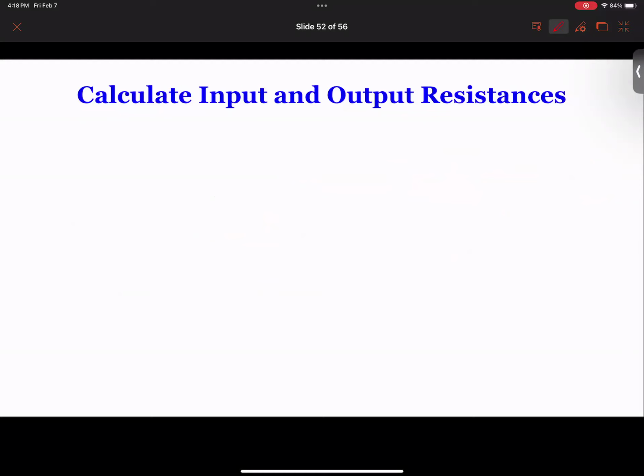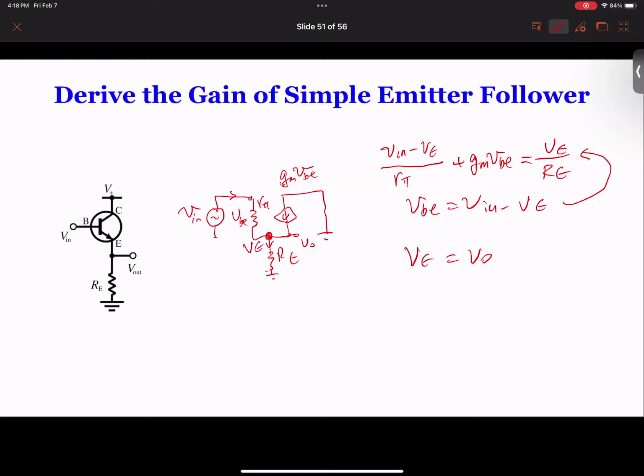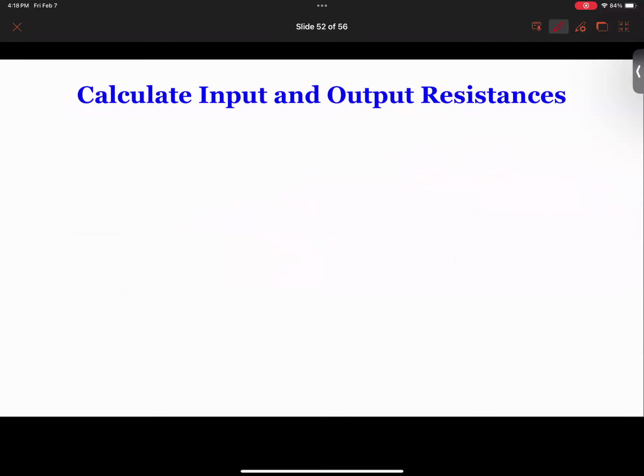Okay. So sometimes it's also important to calculate the input and output resistance. The reason that we need input and output resistance is this. Suppose you have an amplifier, then you have an input, then you have an output, and you get a voltage gain.